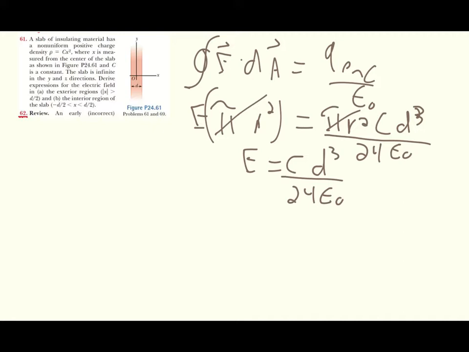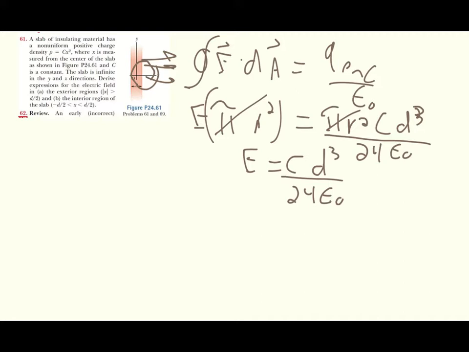Now that's for the region on this side. Sorry, that was not a very neat drawing, but on the right hand side, the field goes like this. On the opposite side, it's just going to go the opposite way.